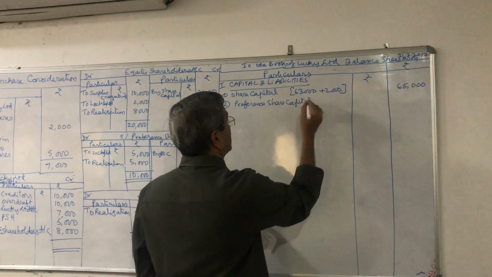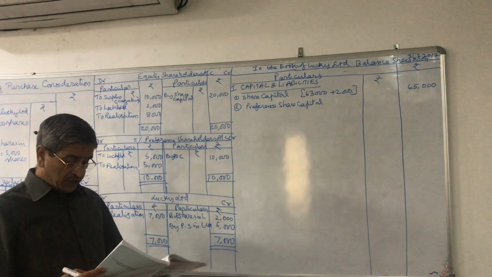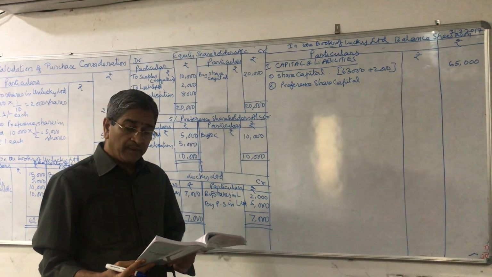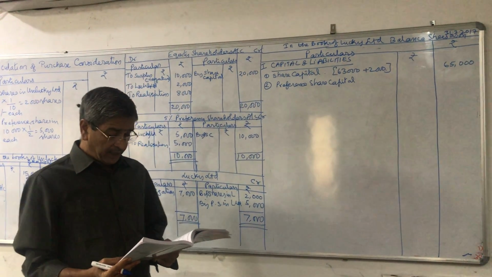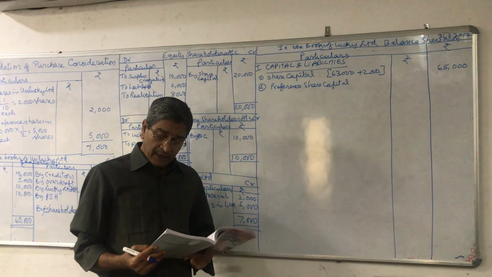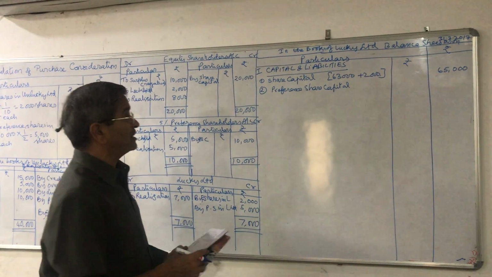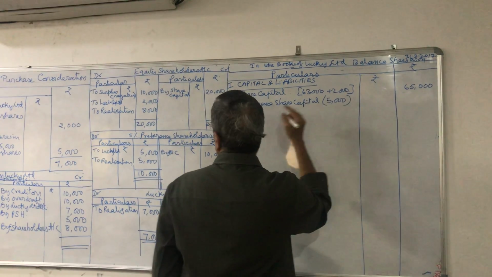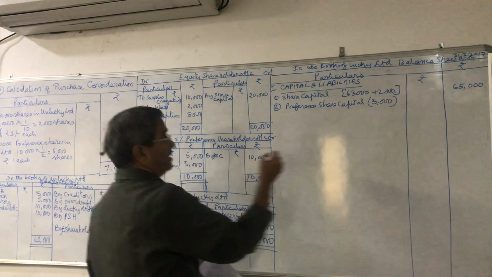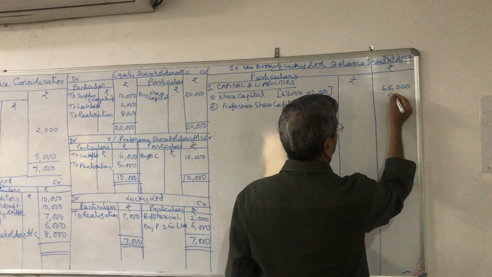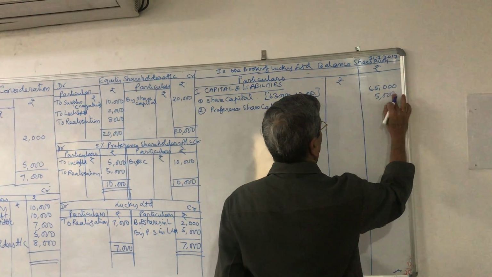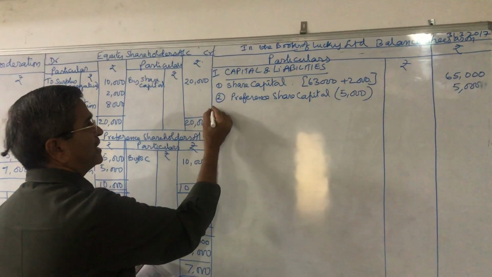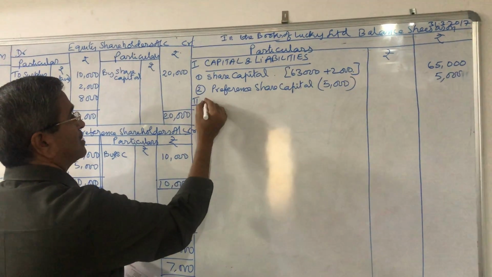Again, if you look to what is existing in the balance sheet, you will find that nothing, nil. There is no preference share capital in the Lucky Limited. But in Unlucky Limited, we have issued 5,000 worth of preference shares. So that 5,000 will appear here as a preference share capital. This completes the capital.